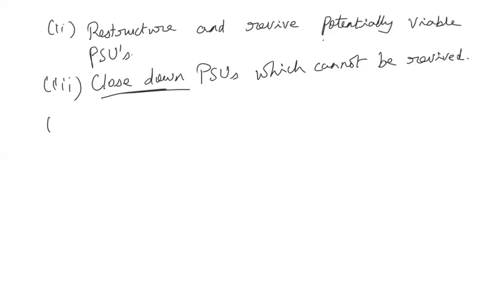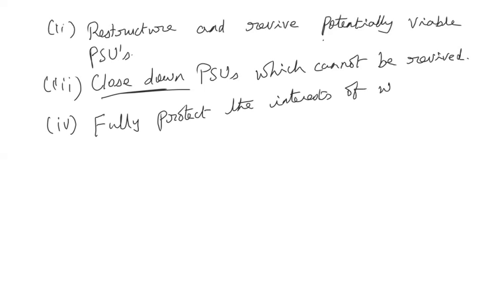And then in all these cases, it is necessary for the government to fully protect the interest of the workers. So if the government restructures, if two units are merged, or if the government closes down the public sector undertakings, what will happen?